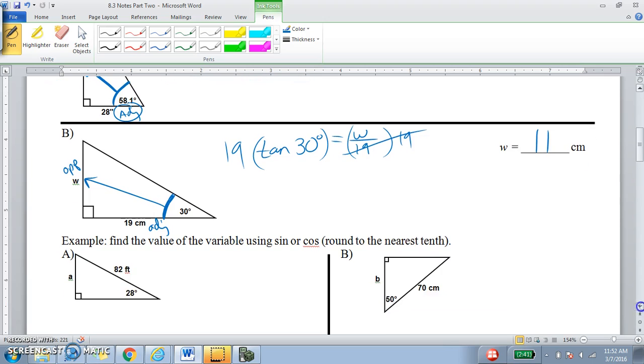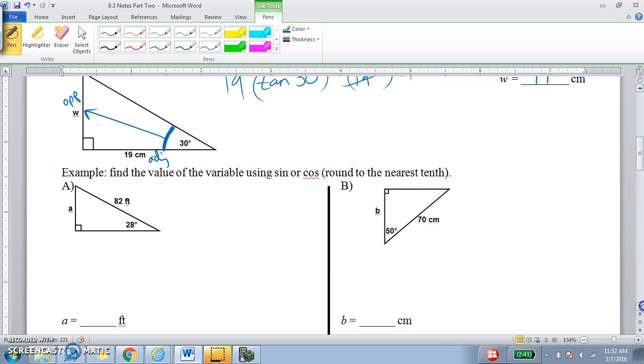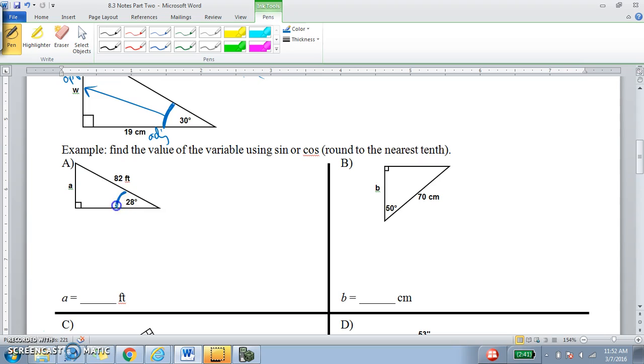Okay, so let's do some examples using sine and cosine. So if this is our angle right here, A is opposite from that 28 degree angle, and now 82 is the hypotenuse. So opposite and hypotenuse means we're going to be using sine. So now the sine of our angle, 28, equals our opposite, A, over our hypotenuse, 82.